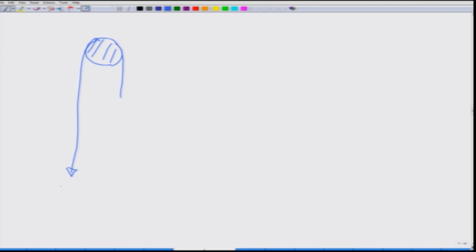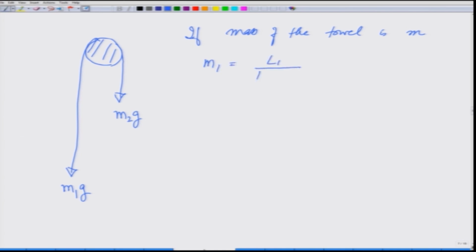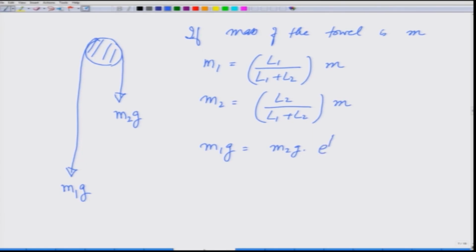This is being pulled down here by the force M1 G, and this is being pulled down by the force M2 G. If the mass of the towel is M, then M1 is L1 over (L1 plus L2) times M, and M2 is L2 over (L1 plus L2) times M. And if the towel should not slip, then the force M1 G has to be equal to M2 G times e raised to mu theta, where theta is this angle of contact between the towel and the rod, and this we know is nothing but pi.